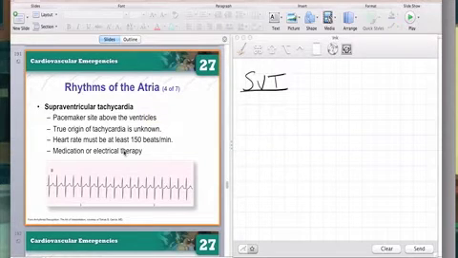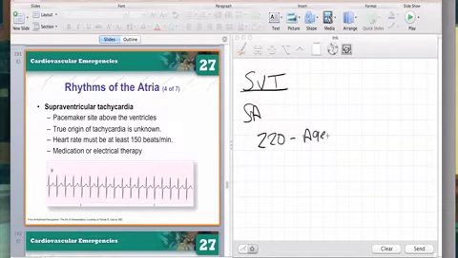Now, I don't like this idea that the heart rate must be at least 150, all right? Where that comes from is a misnomer. I hear medics all the time say, well, in order for it to be SVT, it has to be above 150, or 150 means that it's SVT. Well, no, it doesn't. Remember, the fastest that your SA node can go is our target heart rate, in which we would do 220 minus our age in years, right?